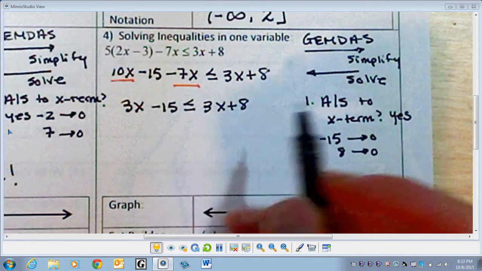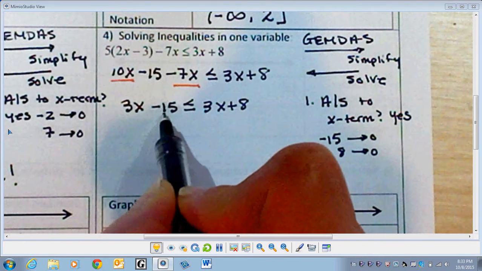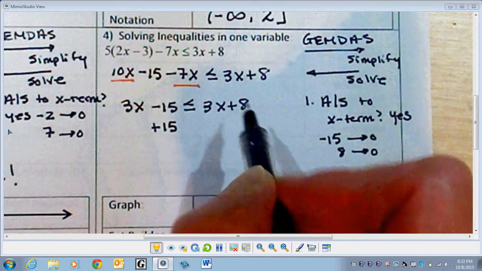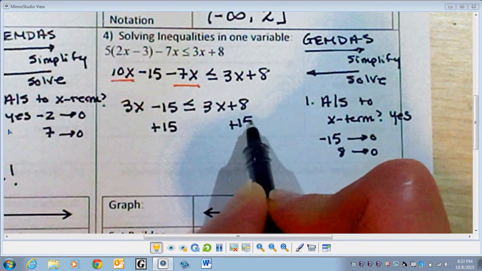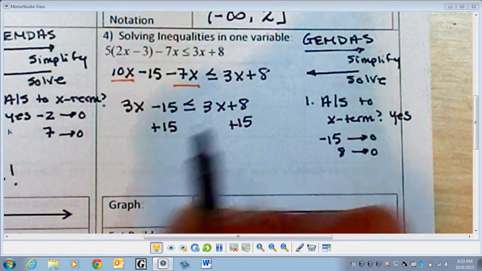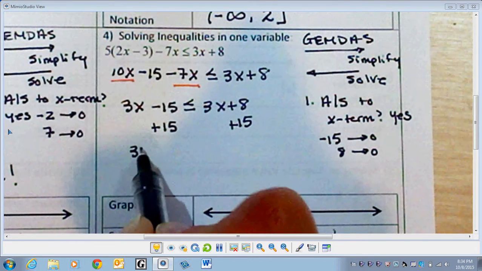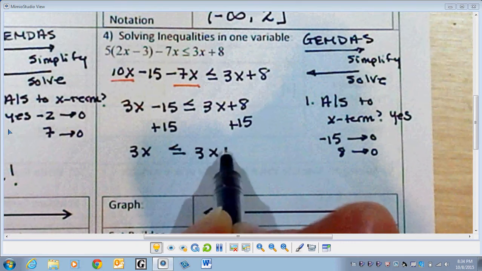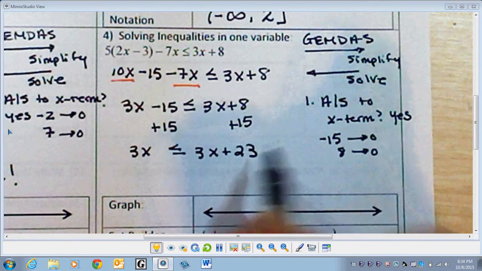It really doesn't matter which way I go. So let's get rid of this 15. So I'm going to add 15 to negative 15, which means I have to add 15 to 8. So this leaves me with 3x is less than or equal to 3x plus 23.